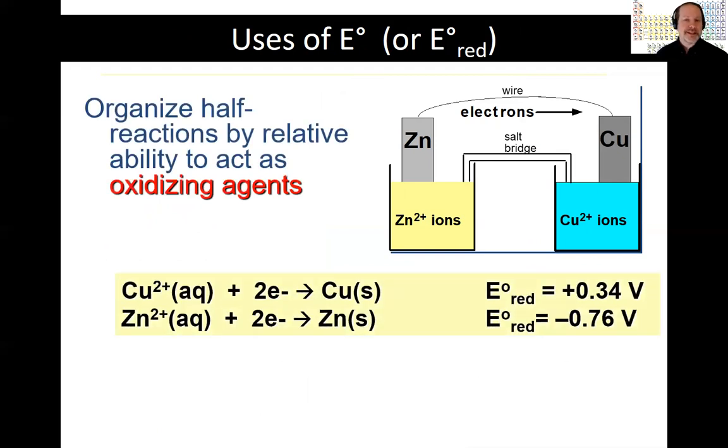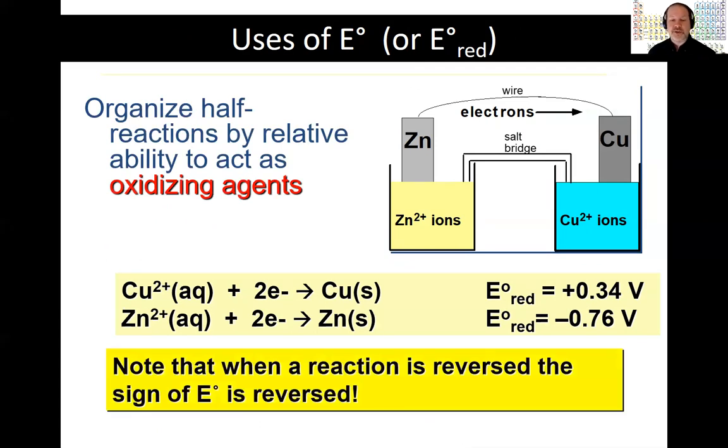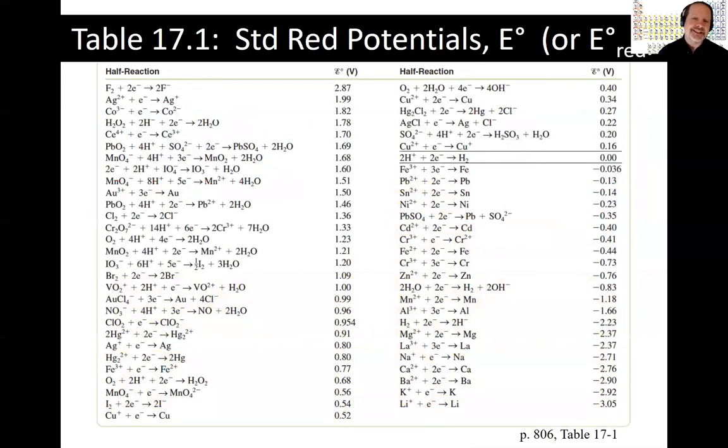So that means something even like zinc that would rather be oxidized is listed as a reduction potential. So the reaction's flipped around, and when you flip it around, we flip the sign of the voltage, and we list it as a reduction. You can see the subscripted RED there. So we flip the sign when we reverse the reaction.